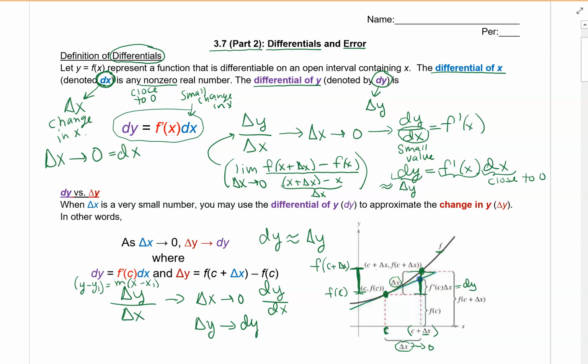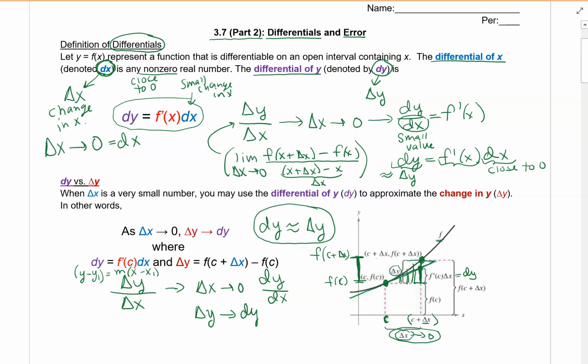So the difference between the tangent line values and the curve values gets smaller and smaller, and the difference between my delta y and my dy get less and less, to the point where it's almost negligible. So I can use dy to approximate a change in y based on a very small change in x. But remember, it only works for changes in x that are really small. So we're going to be looking at really tiny decimal changes.